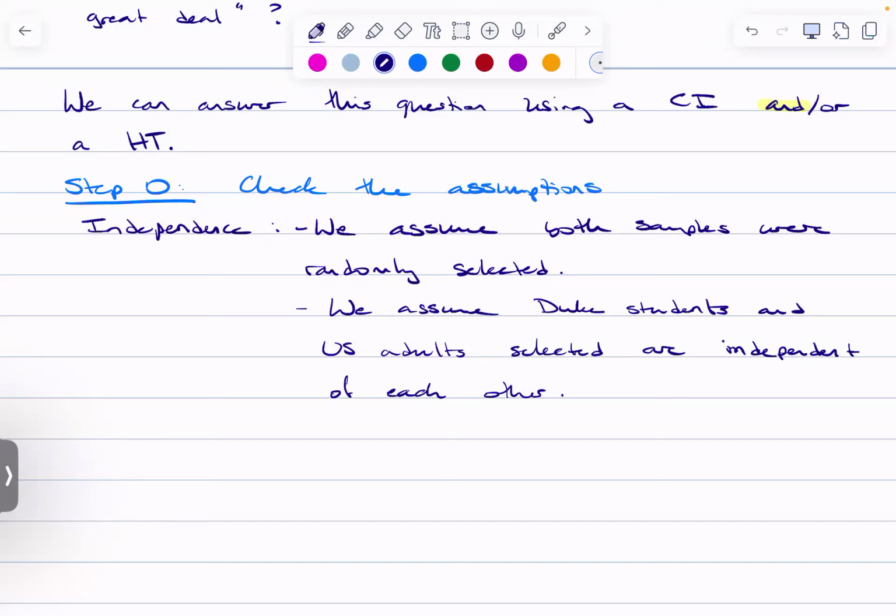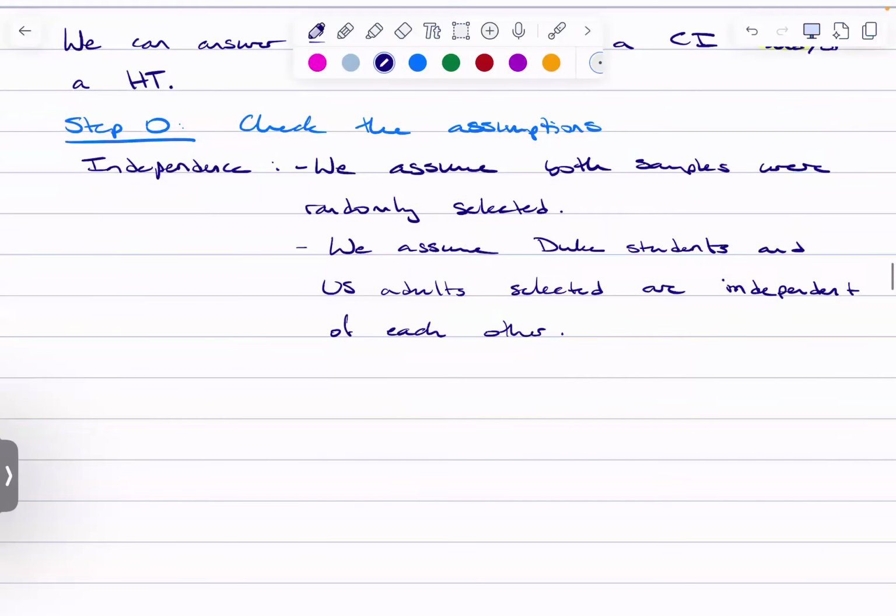So the independence conditions apply to both the confidence interval and the hypothesis test. It's the normality condition, or the sample size condition, that depends on if we're doing a confidence interval or a hypothesis test.